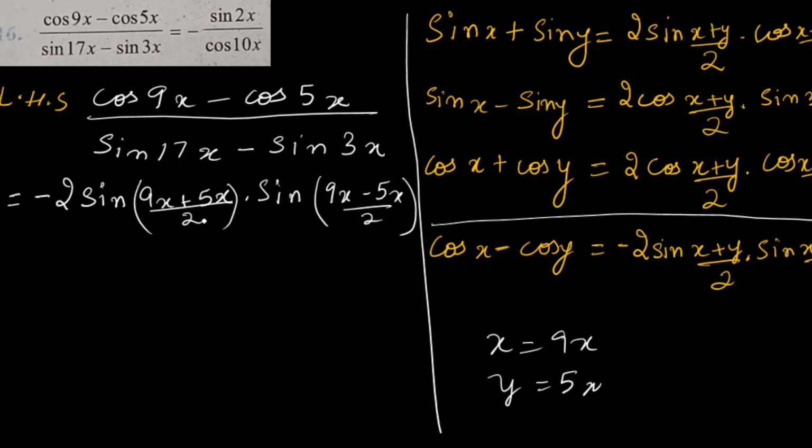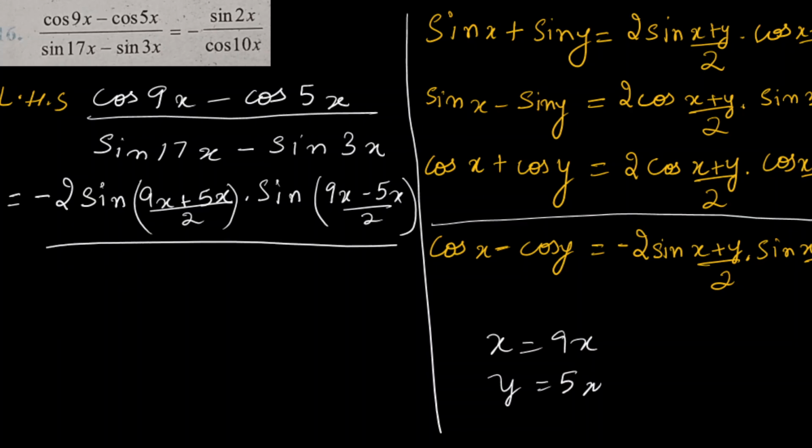We can't do this cancellation, I have told you earlier also. Let's solve the angles. Minus 2 sine, 9x plus 5x is 14x, so 14x by 2. This is just the numerator part. Let me solve the denominator as well.